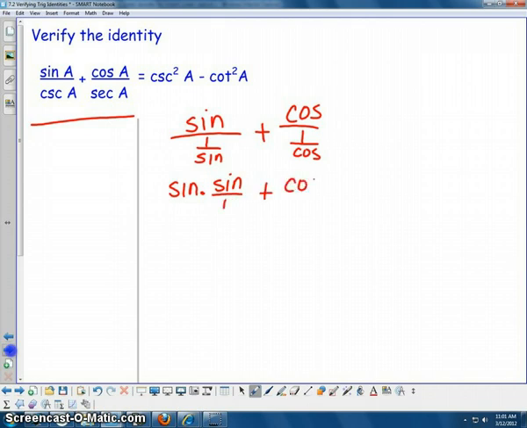So what I really have here is sine squared plus cosine squared. How do I get that to look like cosecant squared minus cotangent squared? Let me look at this for a minute. Really what we have here is 1, since sine squared plus cosine squared is 1.